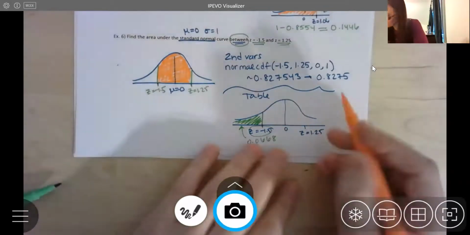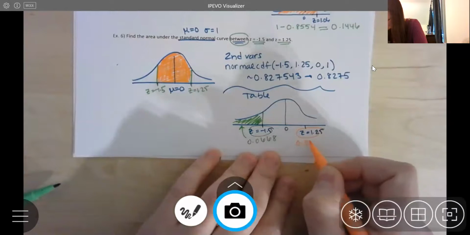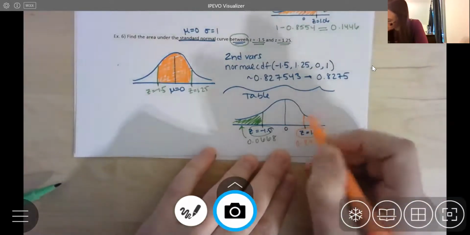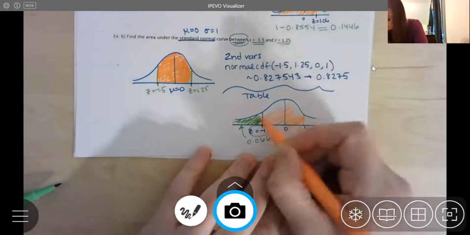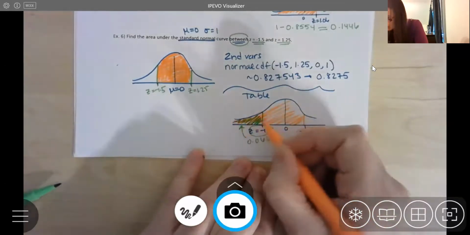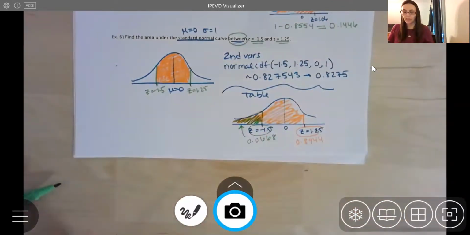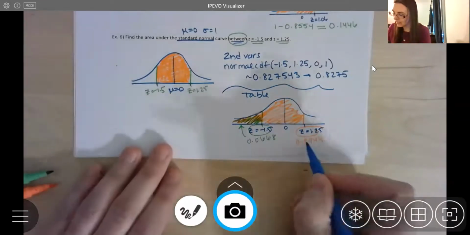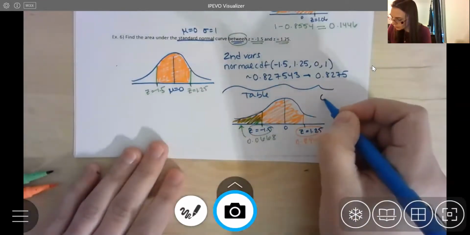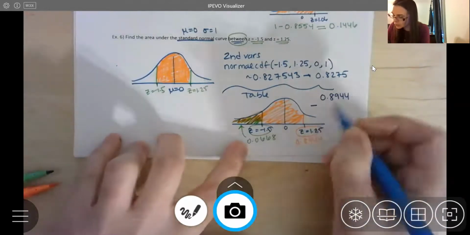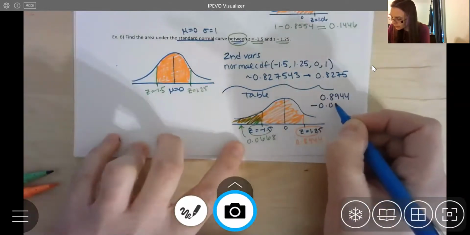Let's use orange here. Now, what am I getting? Now, when you use the table, I'm getting this. Okay, so it's everything to the left, including the green part. So it's the whole thing to the left. So when you want the area in between, what you're going to do is take the bigger value, 0.8944, and subtract the smaller value.